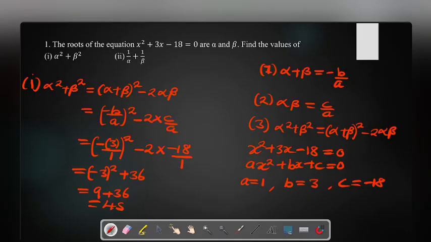The second part, which is part 2, says what we have to evaluate is 1 over alpha plus 1 over beta. Here we need to find the common denominator, because whenever you have fractions that we are adding, you find the common denominator.